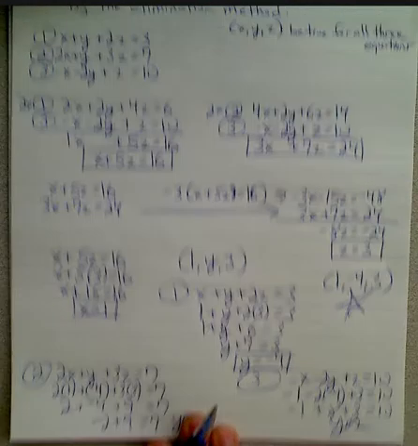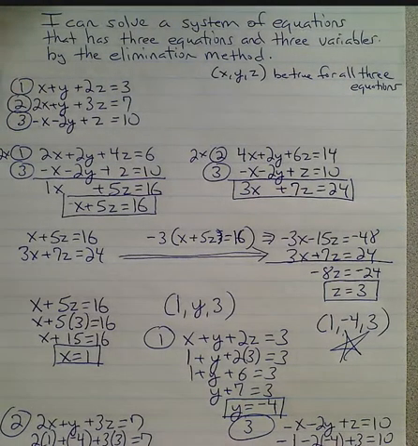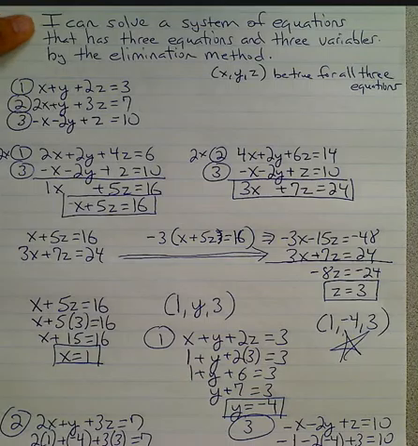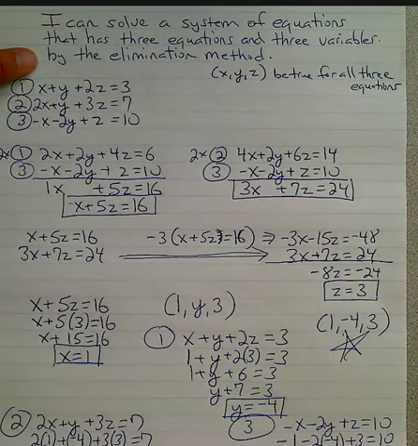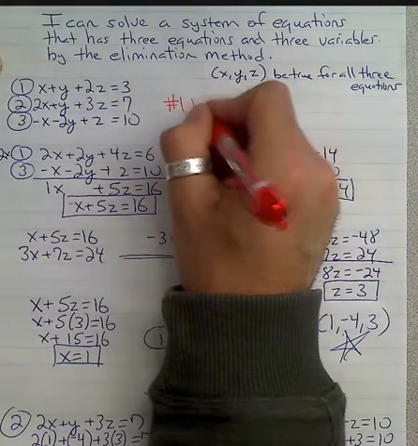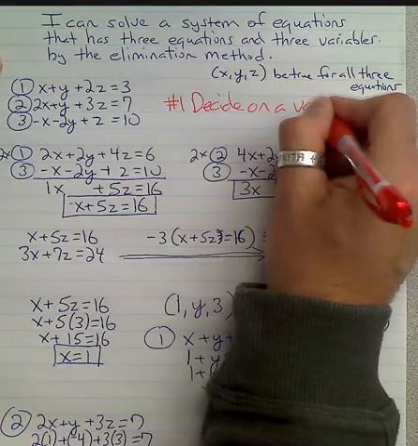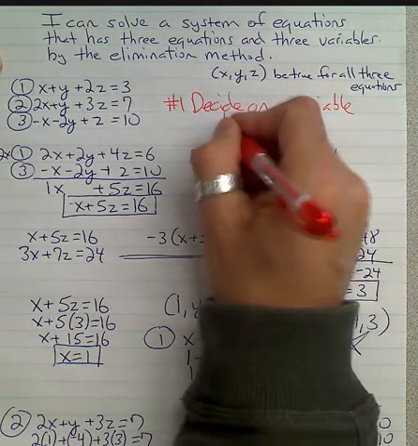If we go back over this learning target again, I can solve a system of equations that has 3 equations and 3 variables by the elimination method. What I first needed to do was to decide on a variable to eliminate.